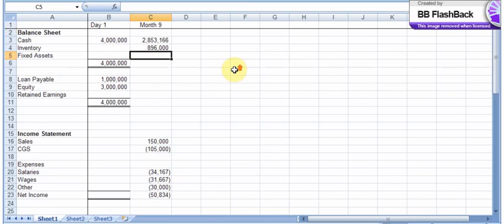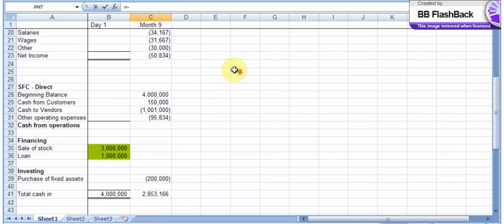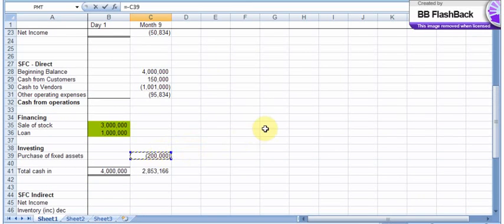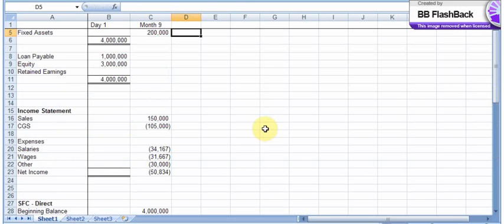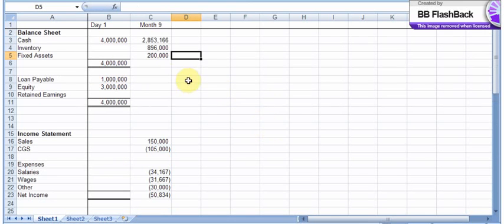Then we have fixed assets here, and our fixed assets can be tied to the purchase of fixed assets. We want to make sure that this comes out as a positive number, so we should put a negative sign in front of it. So equals purchase of fixed assets. And we can have a total here, $3,949,166. This loan payable, we have that in the next month, so we want to be equal to that.